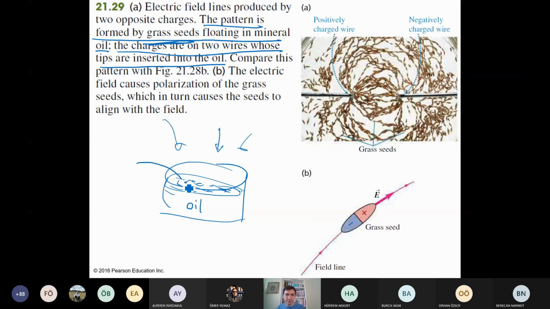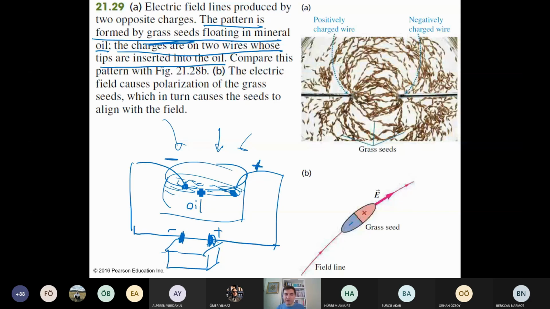And just consider you use a battery here. Let's say this is the positive pole of the battery, and this is the negative pole. Okay, then here we have negative, here we have positive. Here we have a charge source.